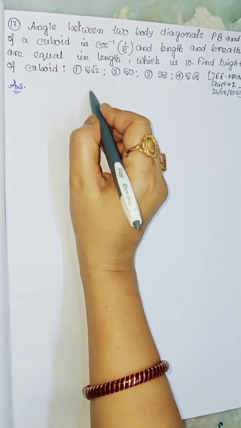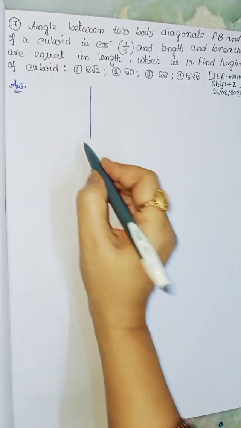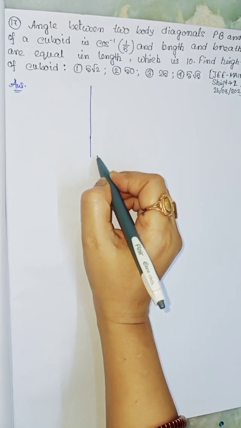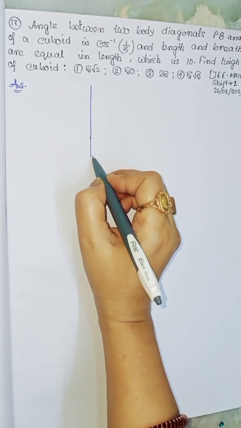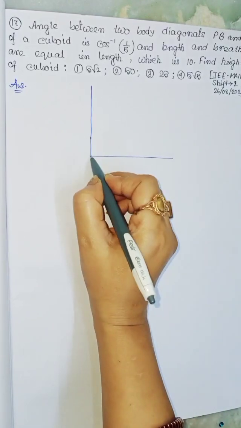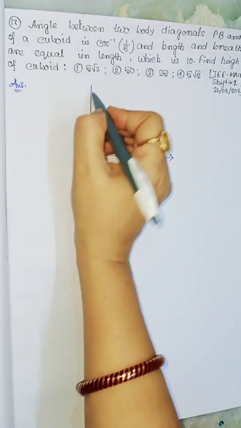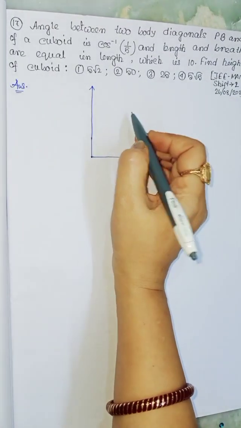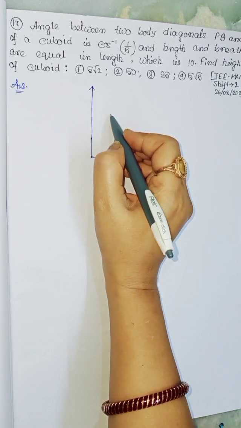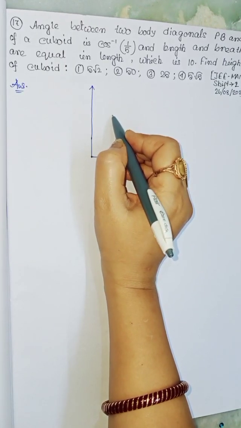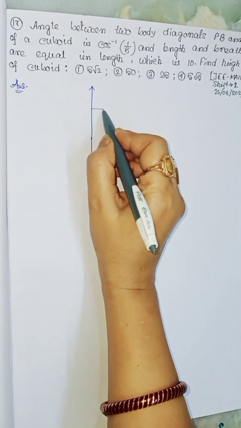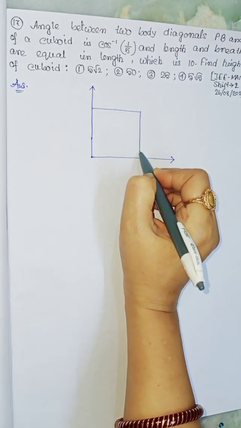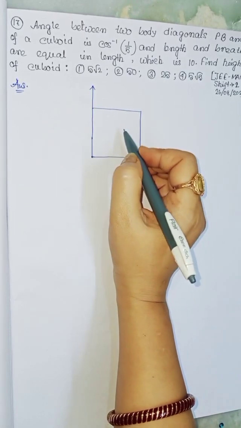So let's draw the picture at first. This is our two axes, x and y axis. We draw a cuboid, here is the cuboid.